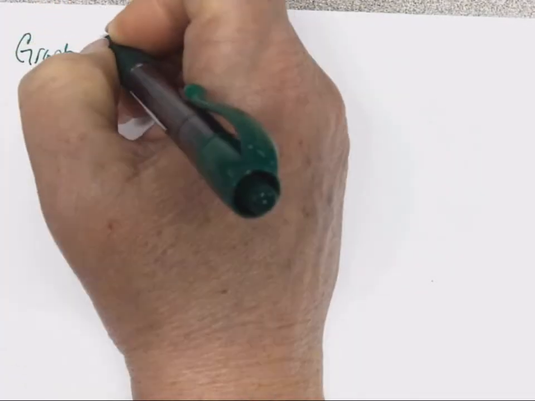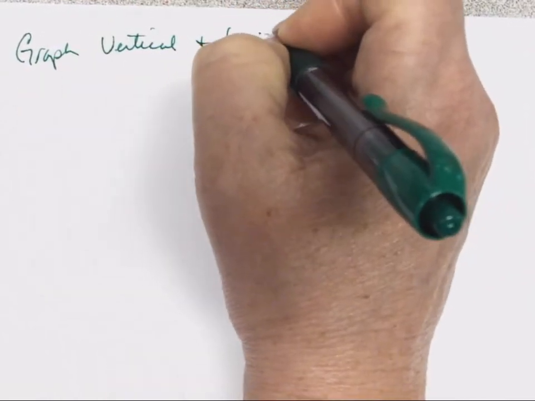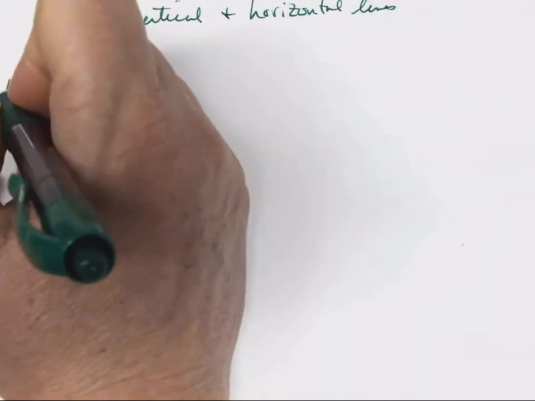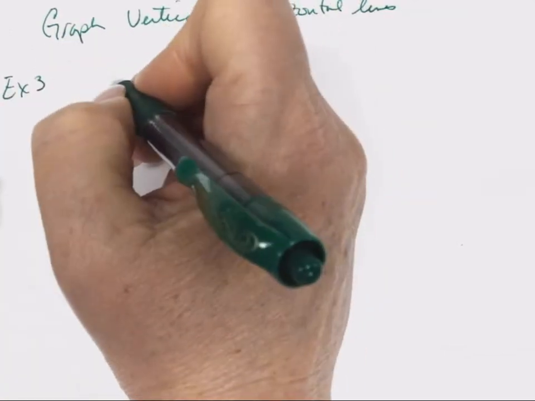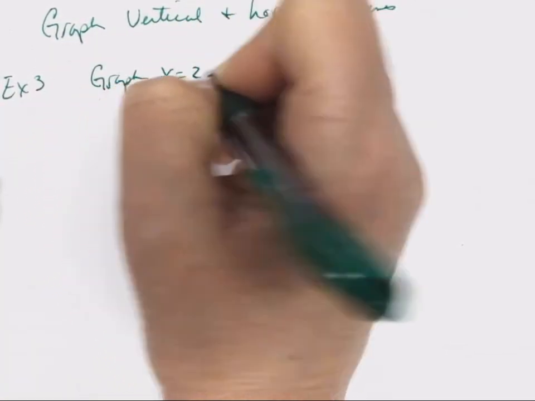All right, so we are going to graph vertical and horizontal lines. So this will be example 3. We are looking at graphing x is equal to 2.